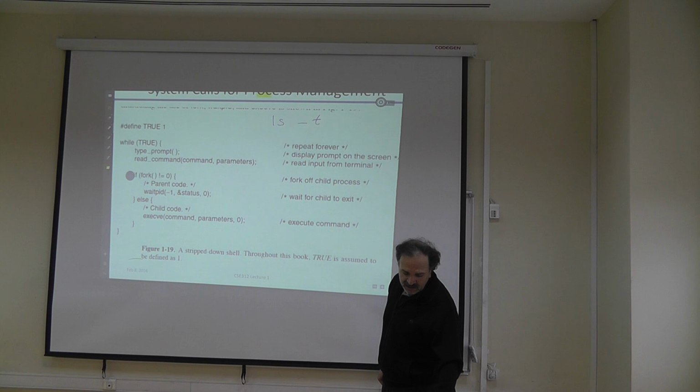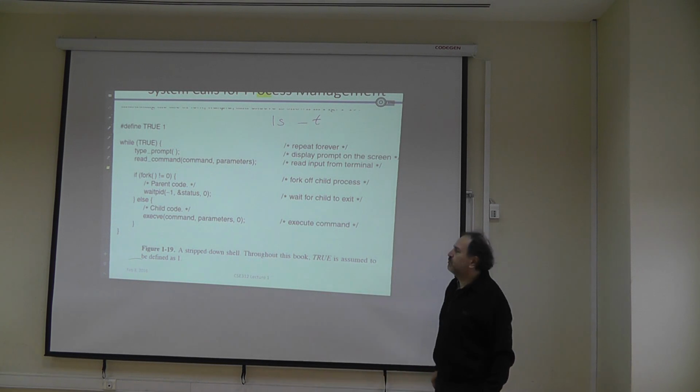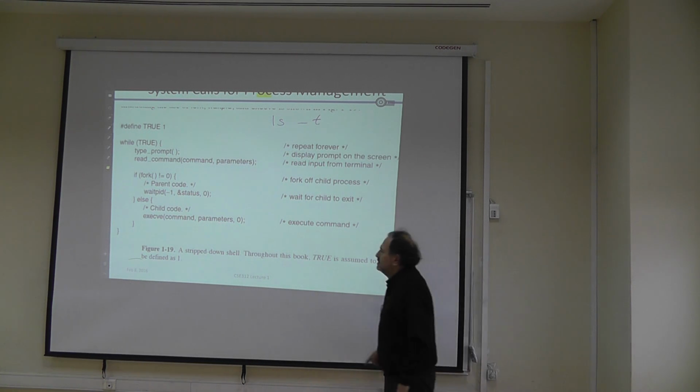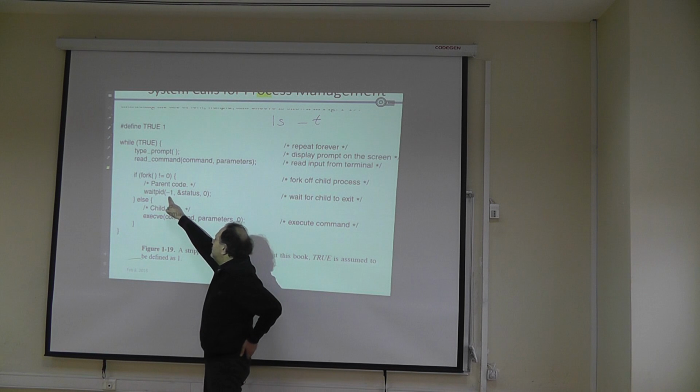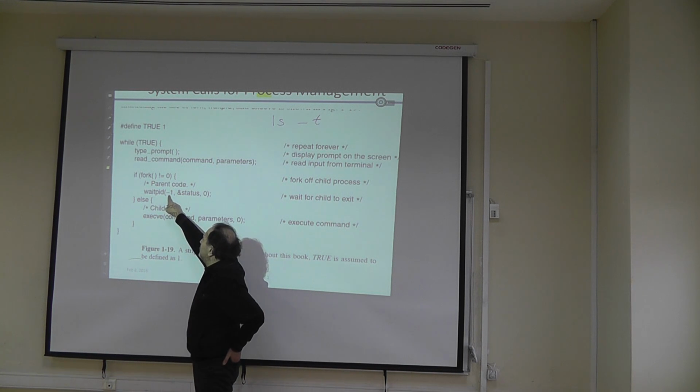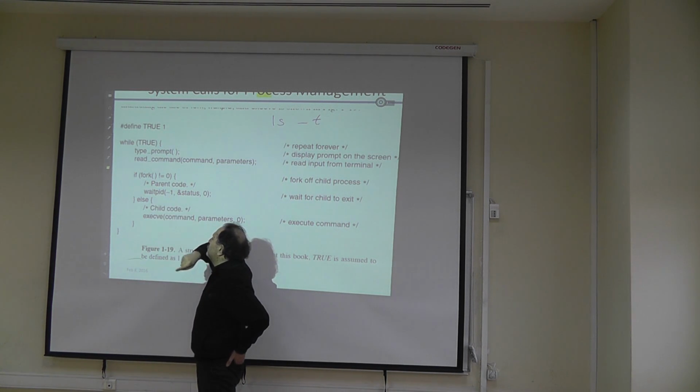If I am the parent, then I will wait until my child is done. Then I call this system routine waitpid. Remember this is process ID. If you say -1, this means that you are going to wait for your child to finish, and I expect this status, and I am not going to send any options.